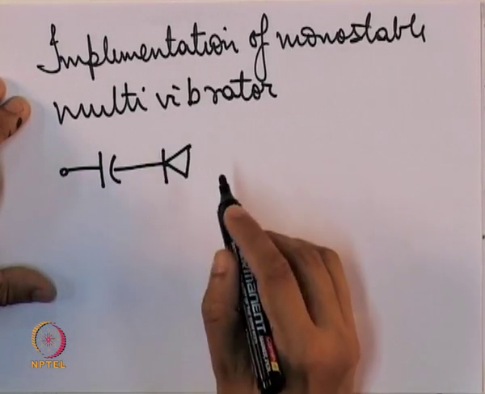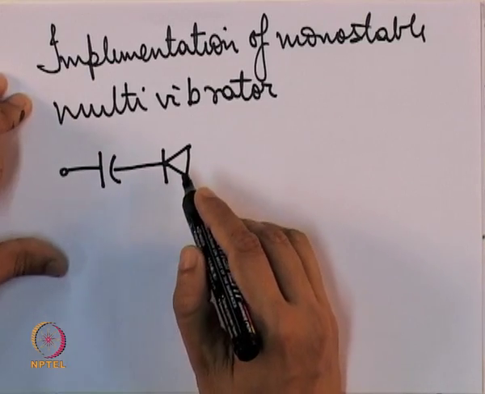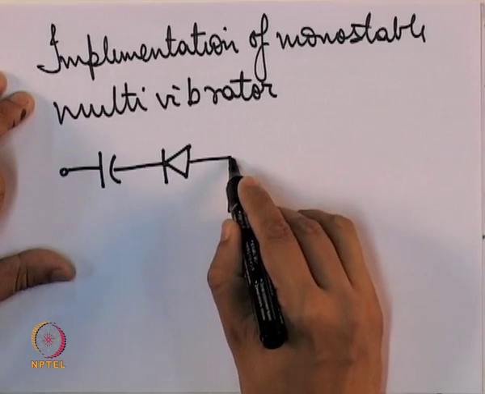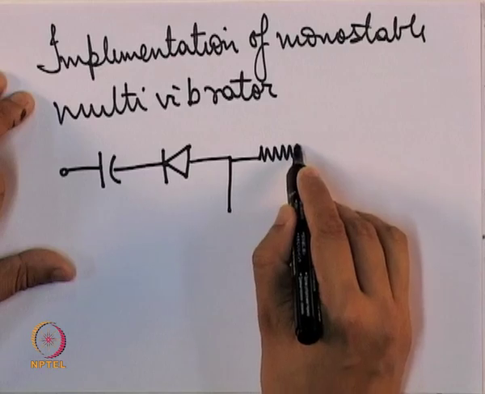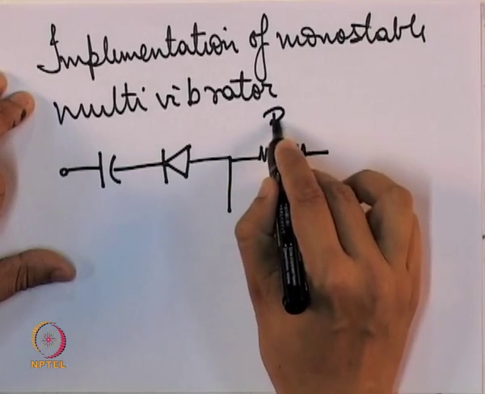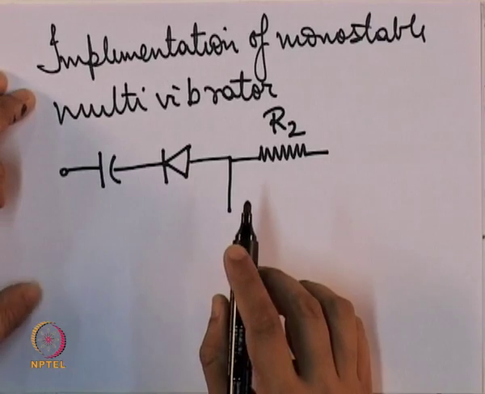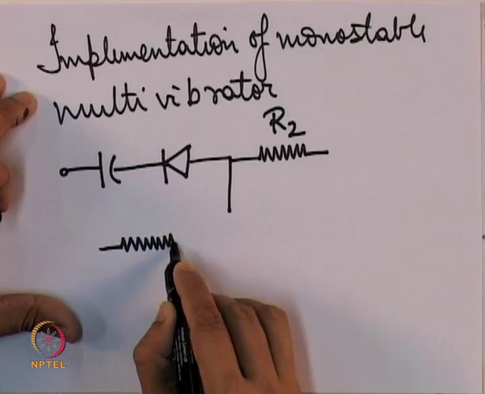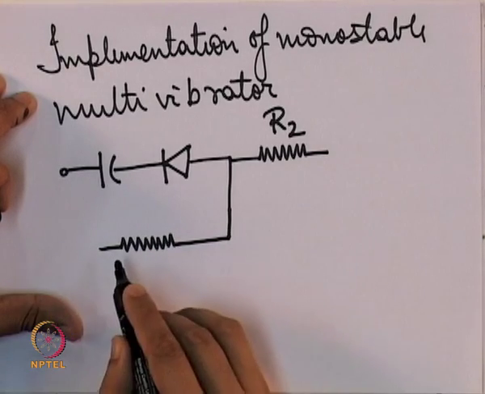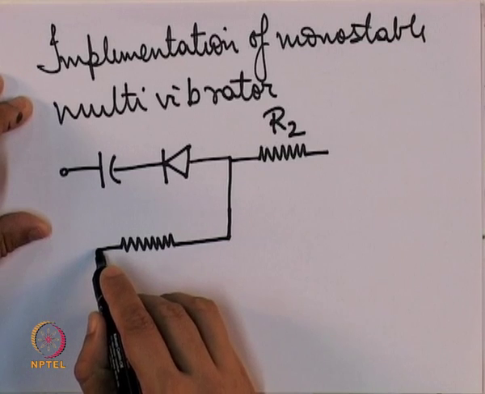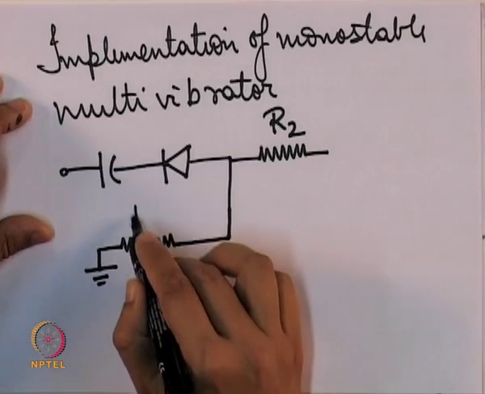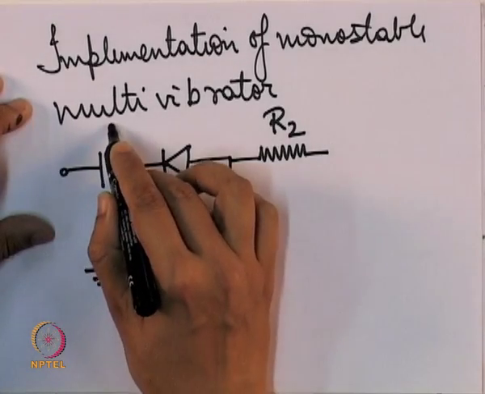The standard circuit for this monostable multivibrator is something like this. And I must say that it is the most complicated of the three multivibrators. The reason for that complication is that this monostable multivibrator lacks symmetry.